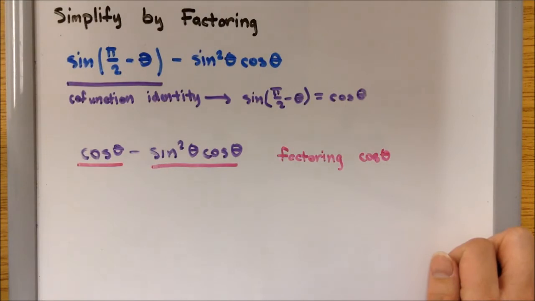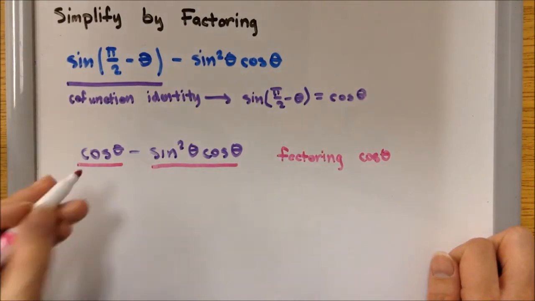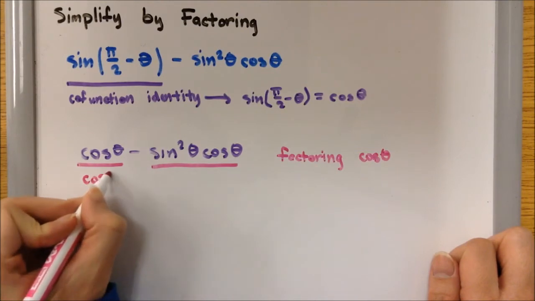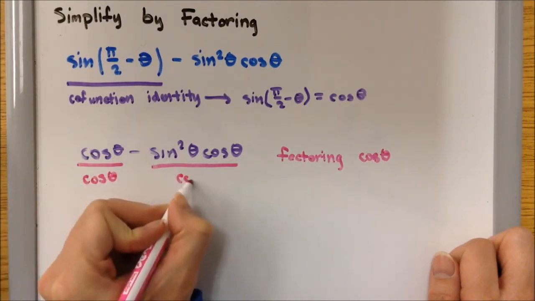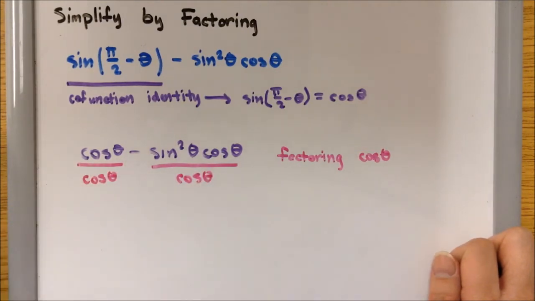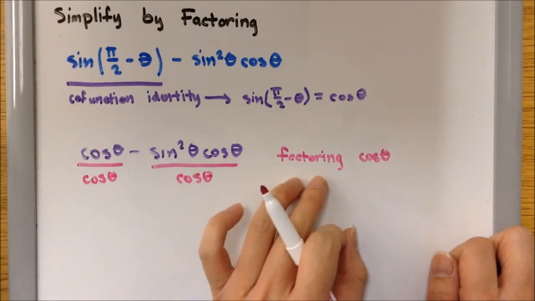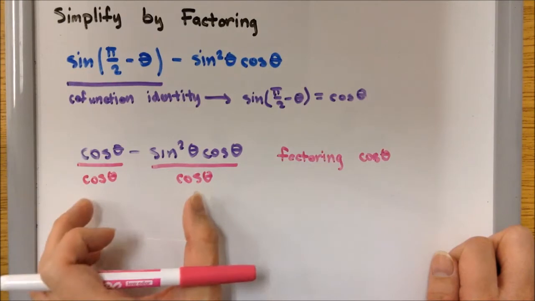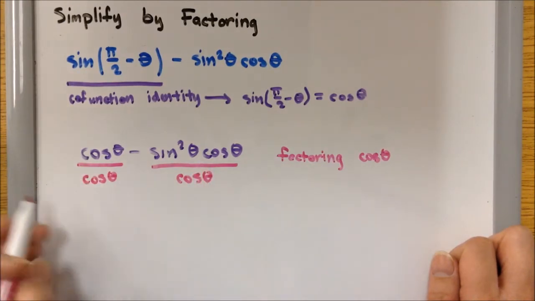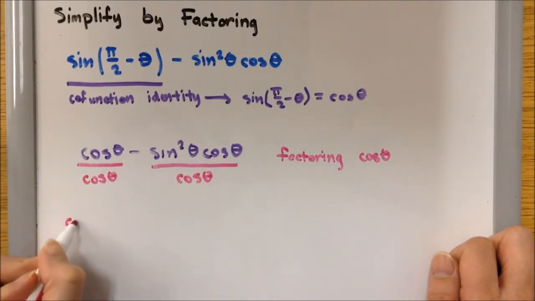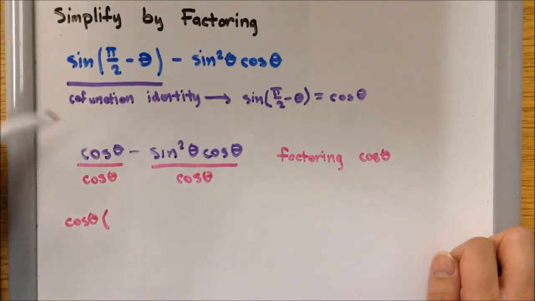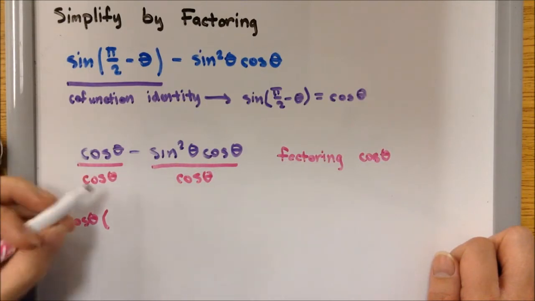So when I'm factoring, again, it's involved with division. So I'm going to divide both parts by cosine theta. Now, it doesn't go away. Since I'm emphasizing factoring, my common factor that I'm dividing by will be on the outside. So cosine theta, and then parenthesis. Cosine theta divided by cosine theta will be 1.